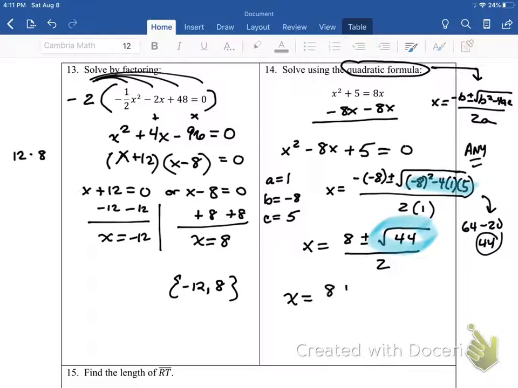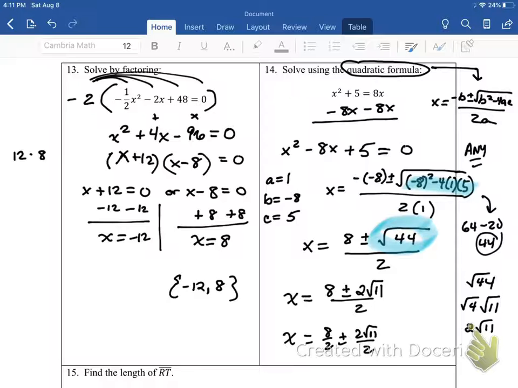Okay, so now I need to take a perfect square factor out of 44. The only perfect square factor that goes into 44 is 4. So square root of 44 is square root of 4 times square root of 11. Square root of 4 is 2. 2 radical 11. So I'm going to replace this with 2 radical 11 divided by 2. And finally, just divide each side by 2. This step is unnecessary.